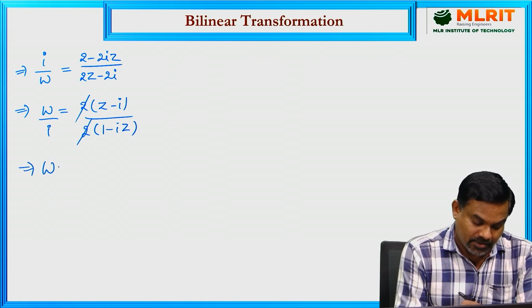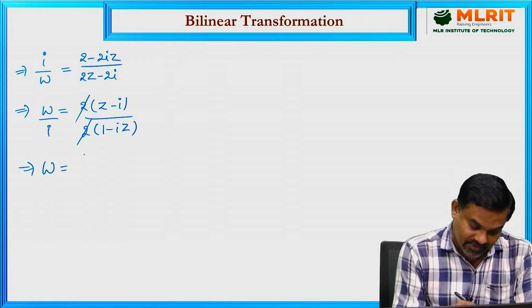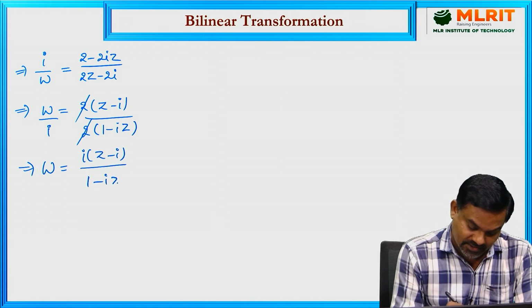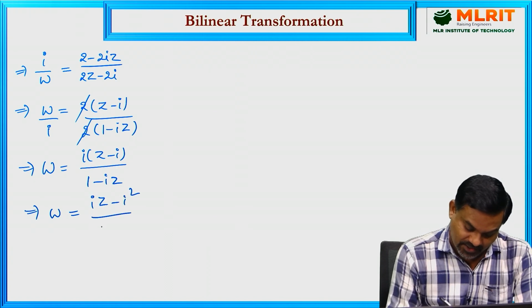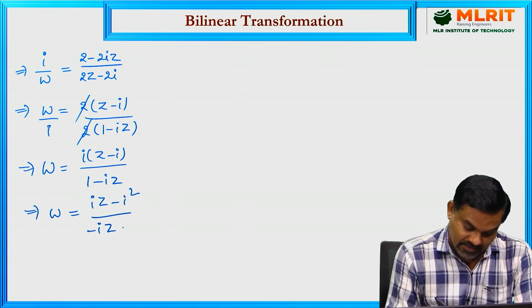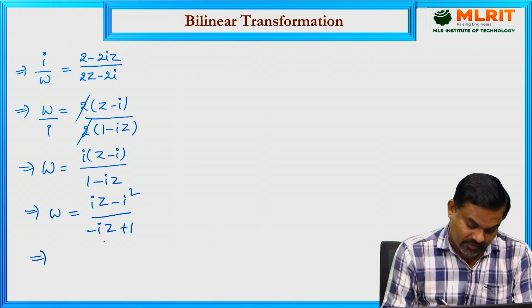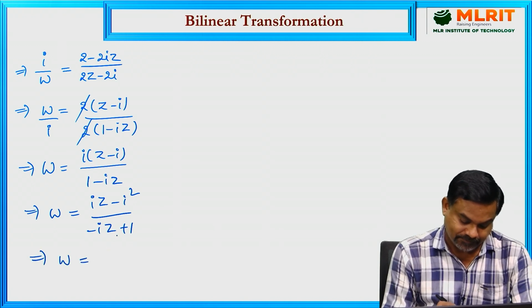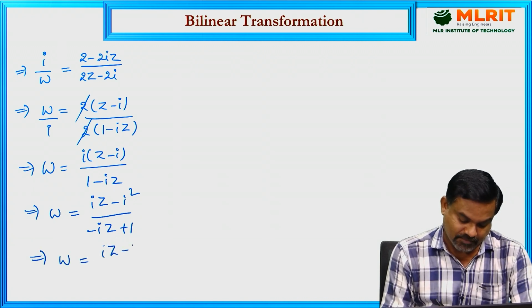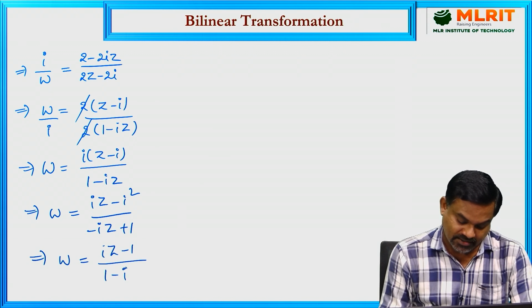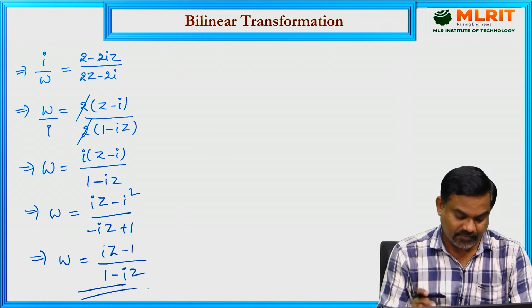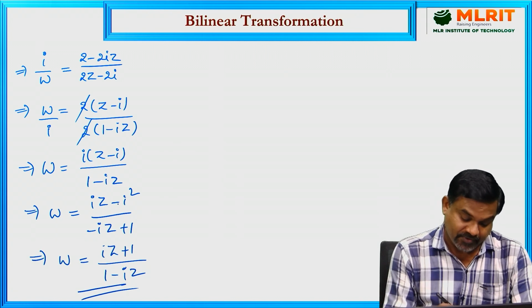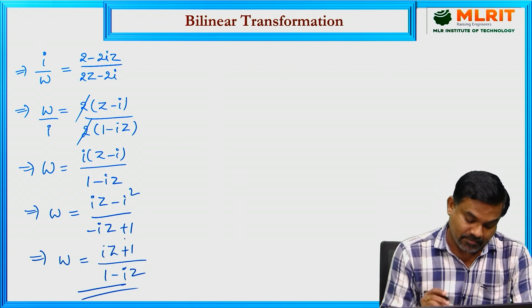So w equal to, this i goes here, i(z − i)/(1 − iz). So w is (iz − i²)/(1 − iz), so w is (iz − i²)/(1 − iz). Here i squared is minus 1, so we get plus 1.